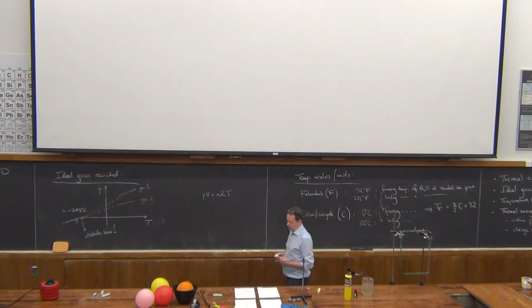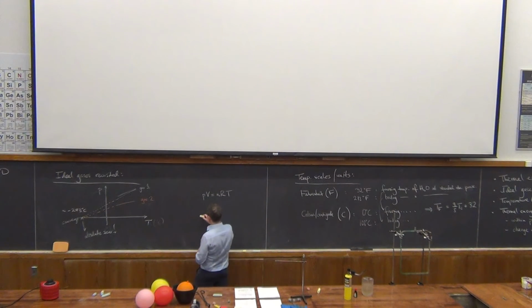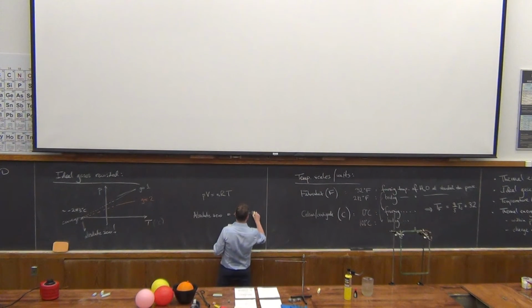And this point turns out to be the sort of reference point for our Kelvin scale of temperature. And so the number, somewhat more precisely, is minus 273.15 degrees Celsius.